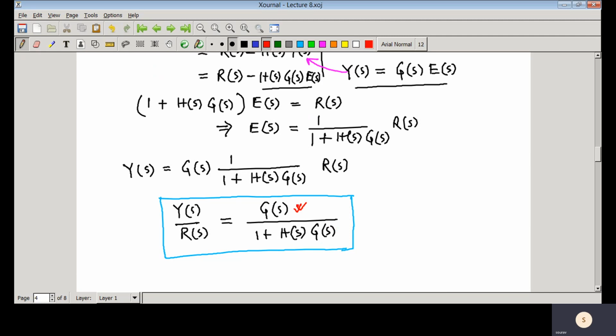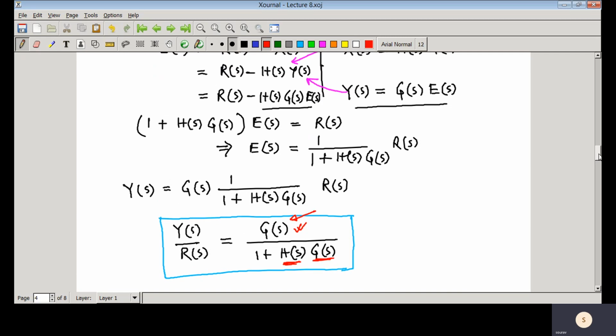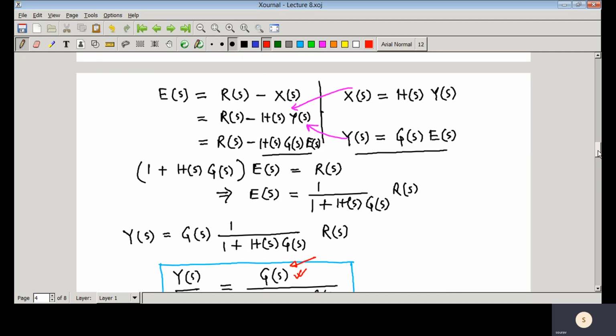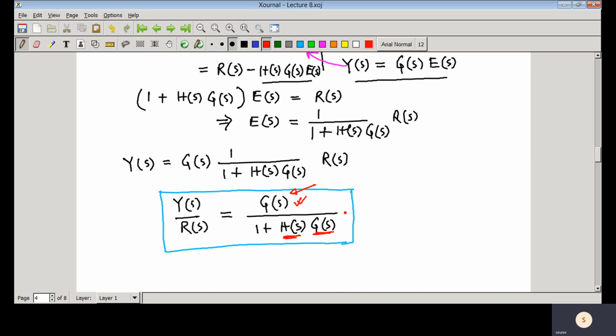So that means the forward path transfer function divided by 1 plus H(s) into G(s). So H(s) is the feedback path transfer function into the forward path transfer function. So you should remember this particular structure, because whenever you are simplifying a block diagram and your objective is to find the transfer function, every time you need not do all these derivations. Just looking at the block diagram you can directly write the transfer function.